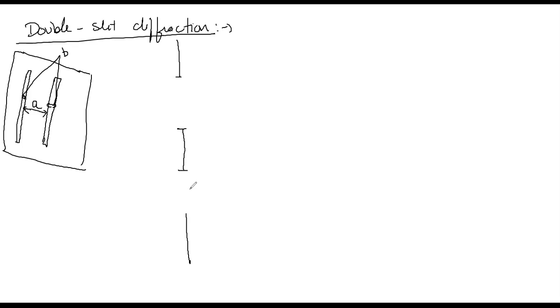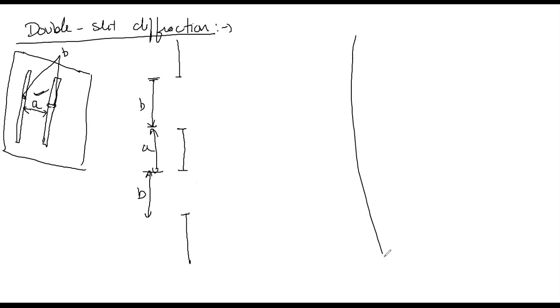This is your slit 2. Width of both of the slits is same, which is B. Imagine these slits coming out of the screen and going up to infinity. So these are infinitely long slits. And this is the opaque material in between these slits, which is A here.